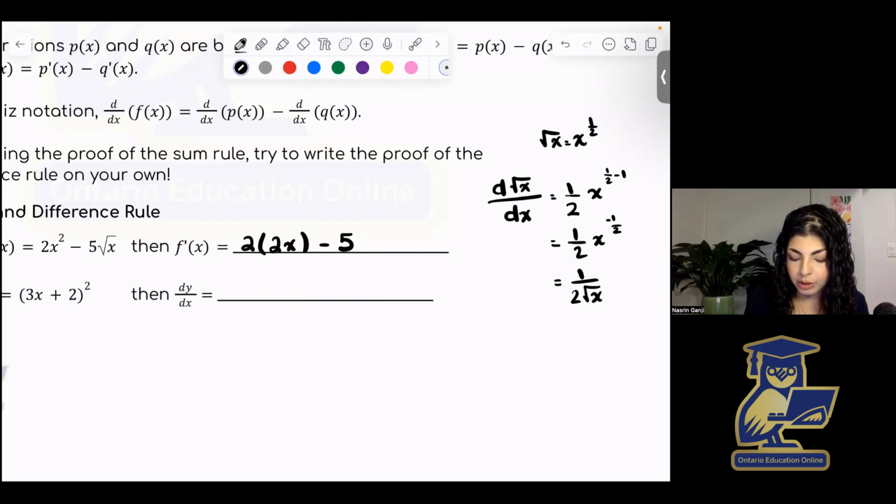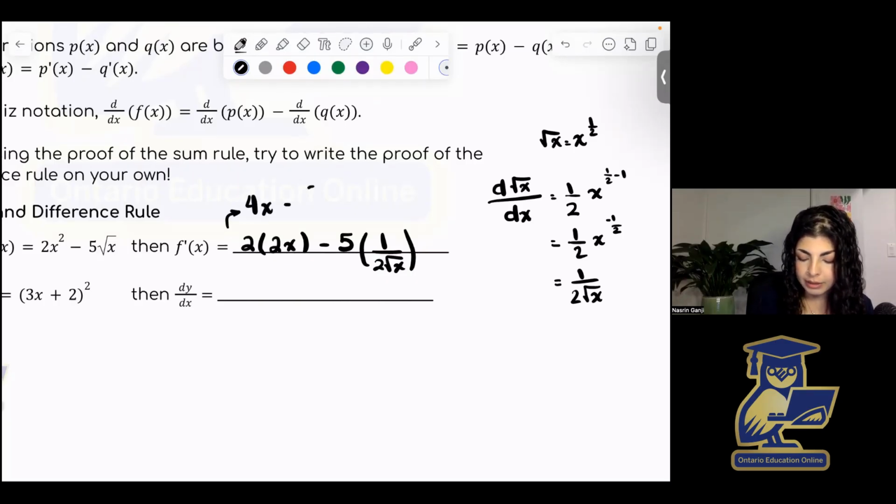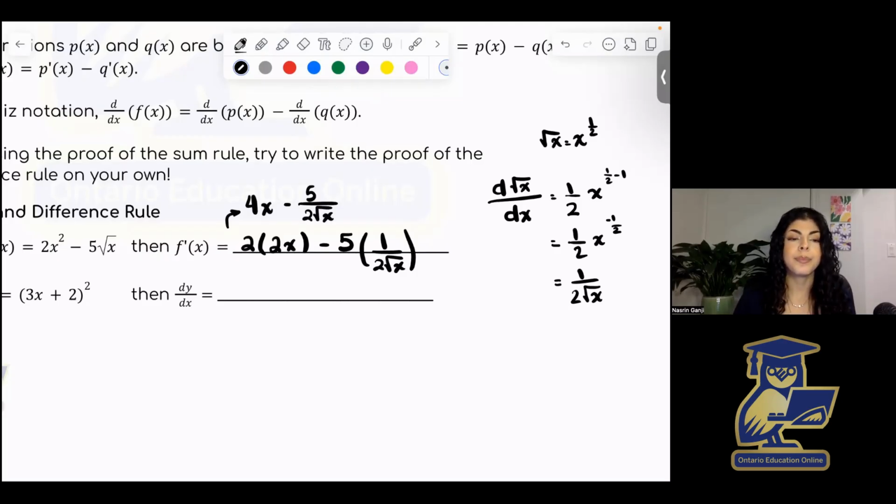And now I just substitute this back because it's just a constant rule. So we are left with the answer. And if I just want to write this a little bit more neatly, this will be 4x minus 5 over 2 square root of x.